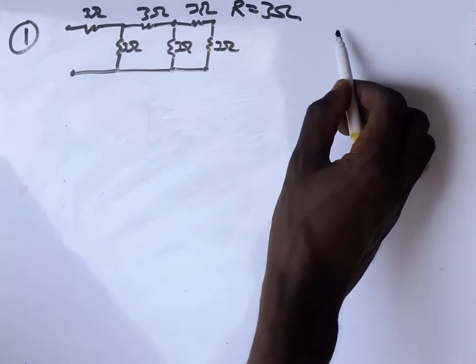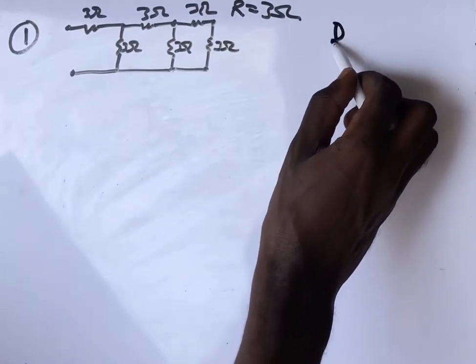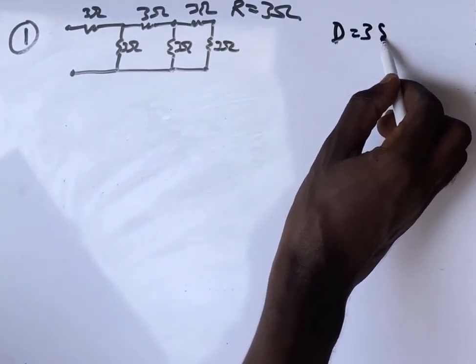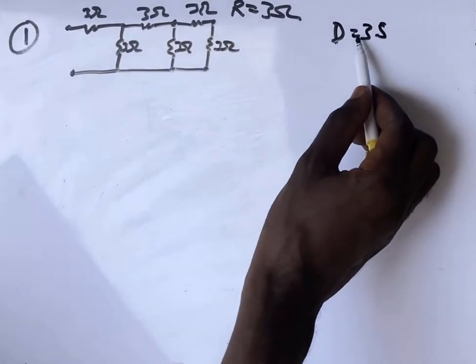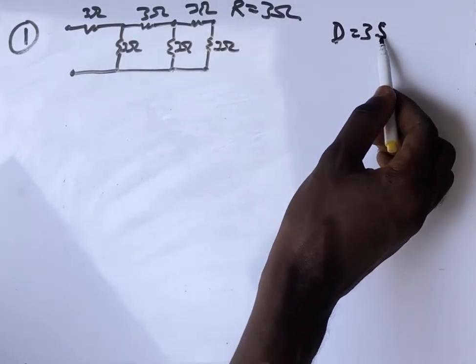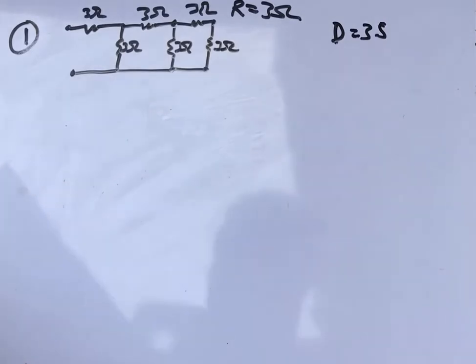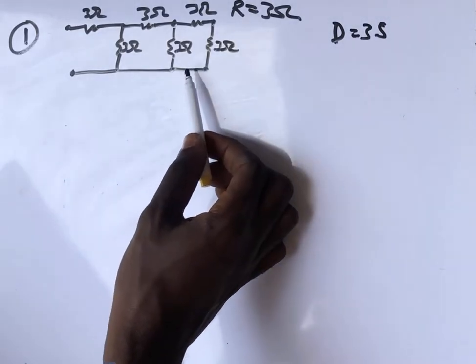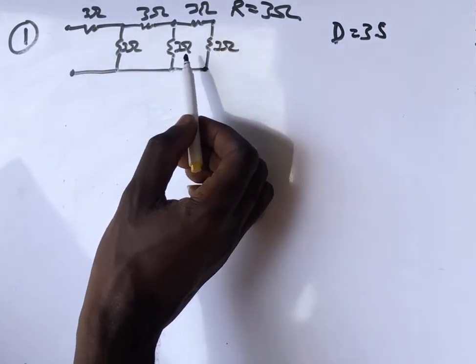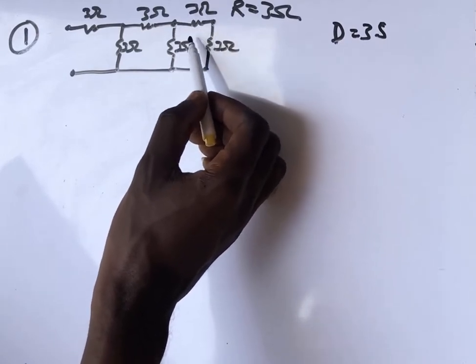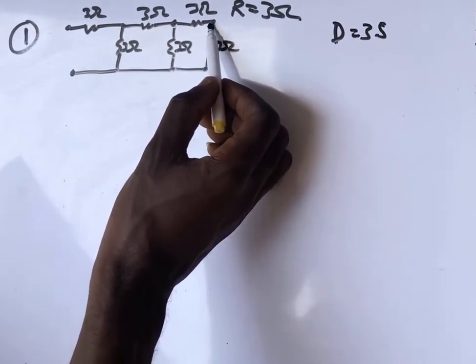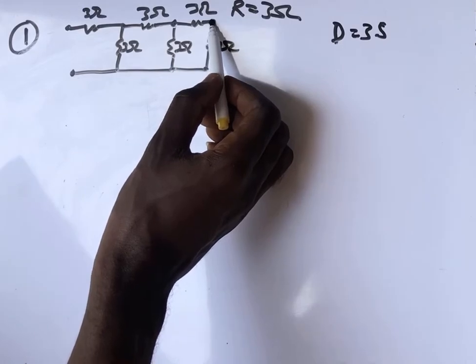So delta is equal to 3 times star resistor. We are trying to convert this into a form like this.